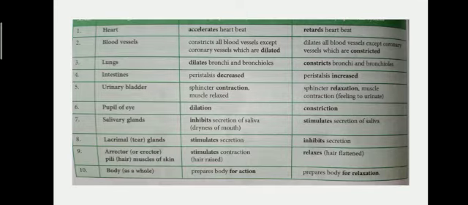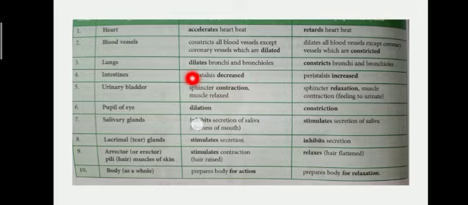So here are some examples of sympathetic and parasympathetic nervous system. In case of the heart, accelerating the heartbeat is an example of the sympathetic nervous system, and when the heart relaxes, at that time the parasympathetic nervous system acts. In the lungs, dilating bronchi and bronchioles is the sympathetic nervous system at work, while constricting bronchi and bronchioles is when the parasympathetic nervous system acts.